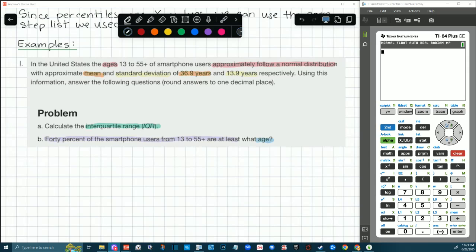Let's start with A. For A, I know that the interquartile range is equal to Q3 minus Q1. So I have two options here. I could find the third quartile and the first quartile separately. The other thing that I happen to know is that the interquartile range should be the middle 50% of data.